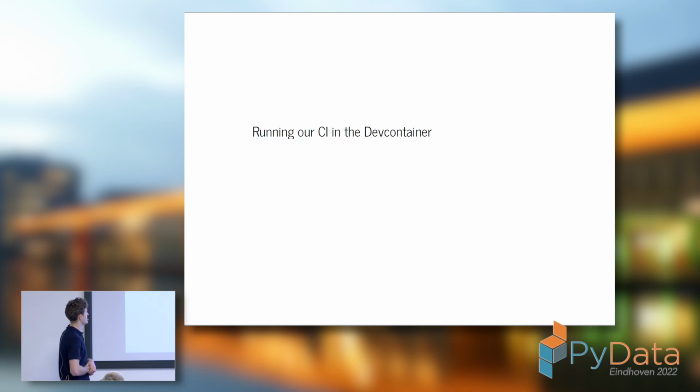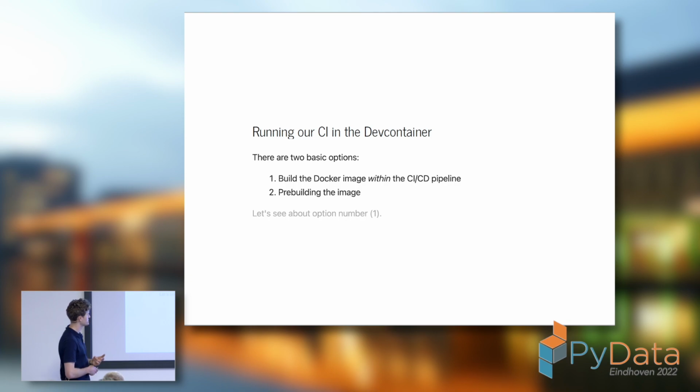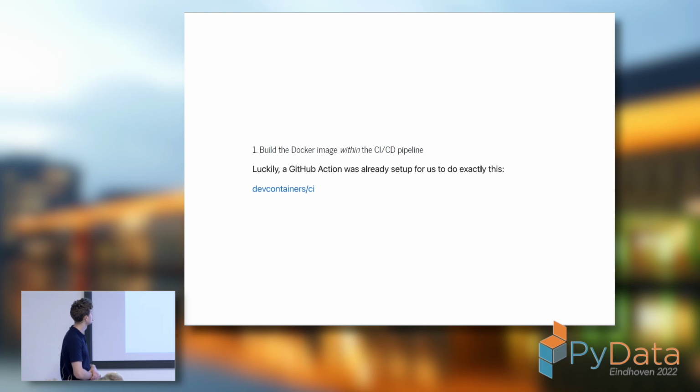Right, so what about CI? There are two options here. Either we pre-build the image, upload it to some registry, and then use that as an image for our CI pipeline. Or within your CI pipeline, you build the image and then execute commands within this image.